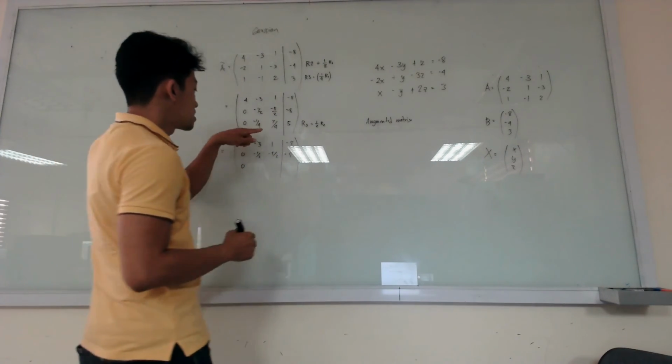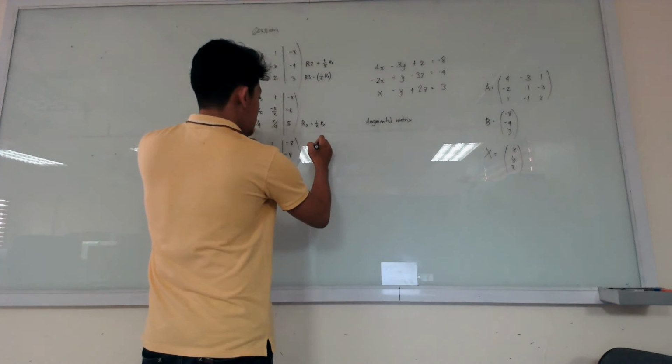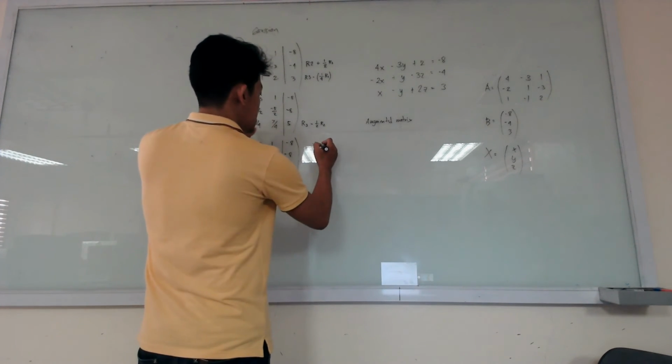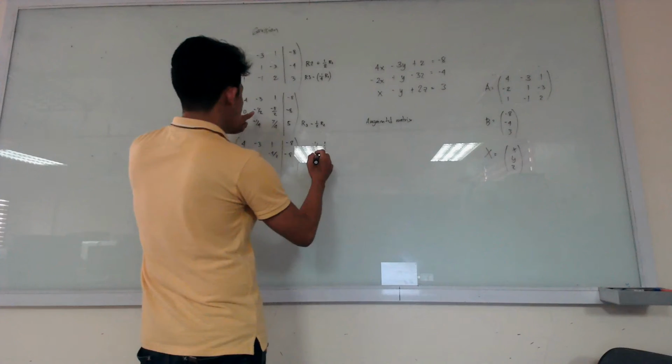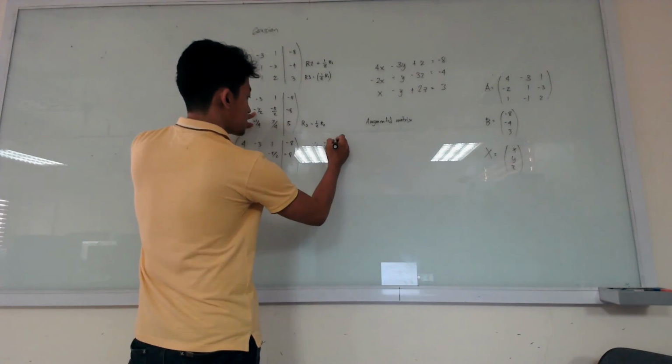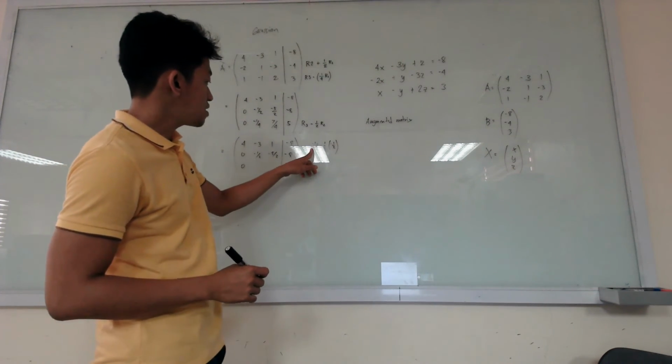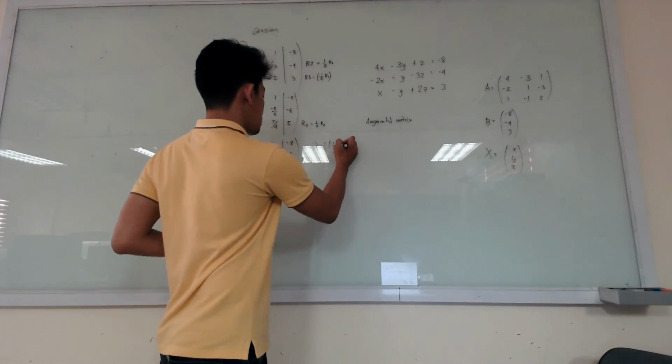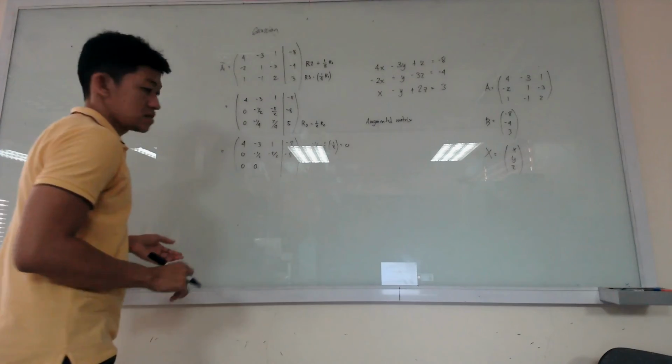So you have negative 1/4 minus 1/2 R2. What is R2? Negative 1/2. Okay? So negative 1/4 plus 1/4, 0. So muna siyang 0.